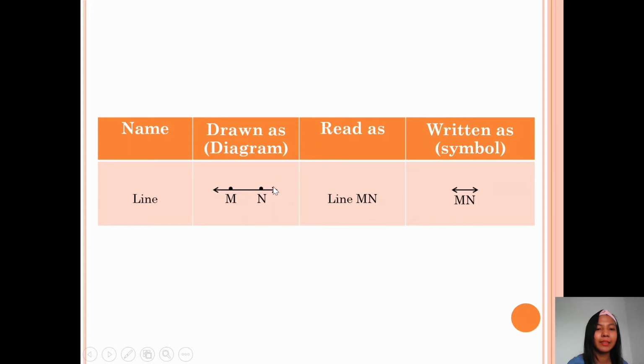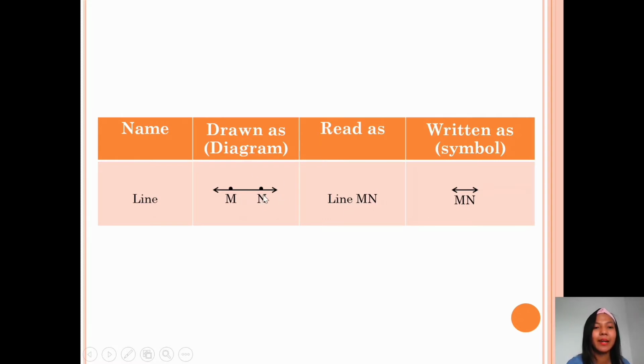And then the line extends in both directions non-stop, infinitely. The arrowhead means it extends longer and longer. Okay, so this is read as line MN.